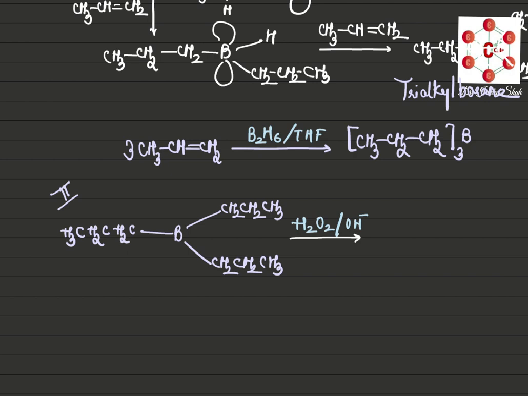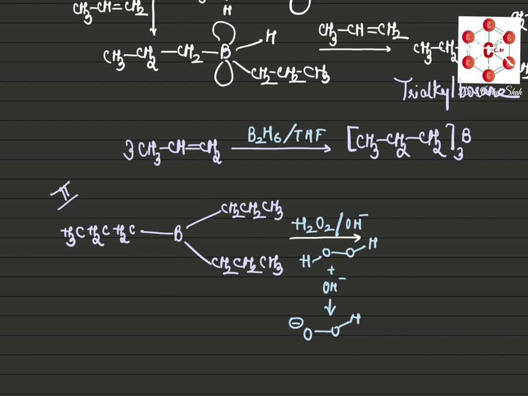Now there is some rearrangement or whatever it be, don't worry about it. But what happens now is that your H2O2 actually, which is given like this, in presence of base becomes OOH minus.